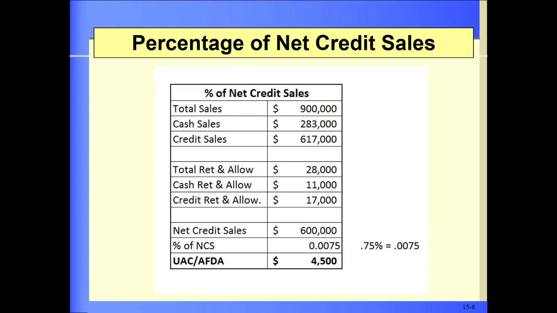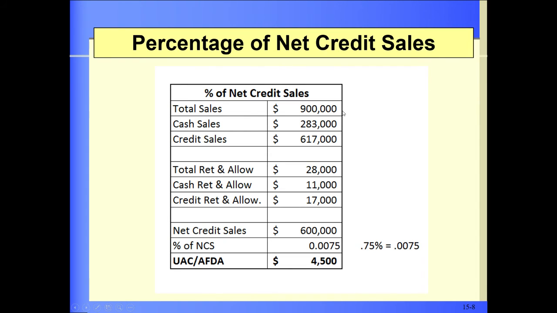Now, sometimes in your textbook you're going to be given the amount for net credit sales. Other times you're going to have to calculate it. So let's run through how you would calculate the net credit sales amount when you are given one or more of these particular categories. So let's start with our total sales.